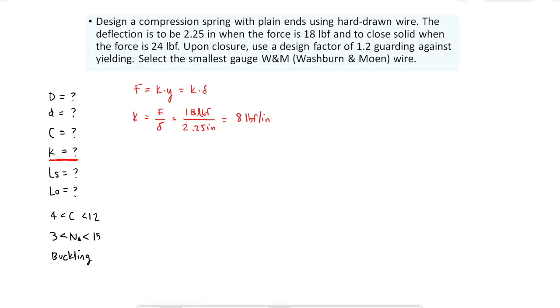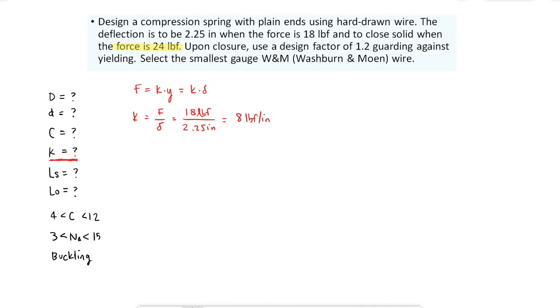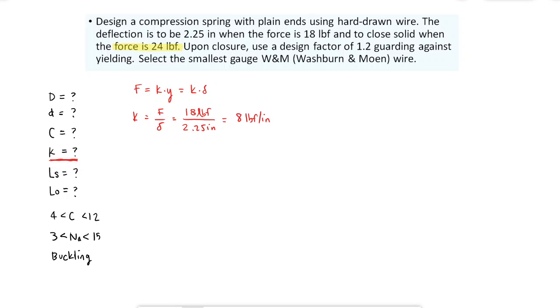Now the other restriction that I'm told here is that the force should be 24 pounds for closed solid. So to reach that solid length, the force is 24 pounds, and I'm going to use a design factor of 1.2. What that means is that my design factor, 1.2, is the yield strength in shearing over the maximum stress, which I know is the shearing stress, that's why it's a tau for compression springs.